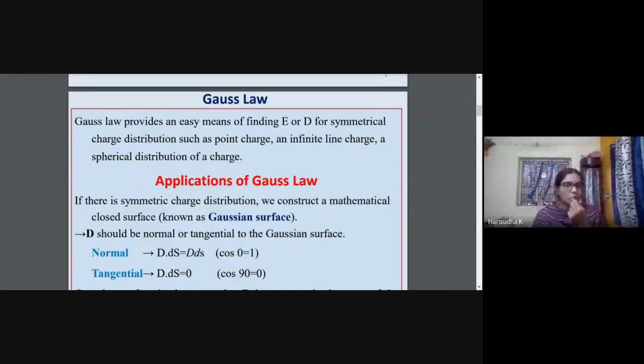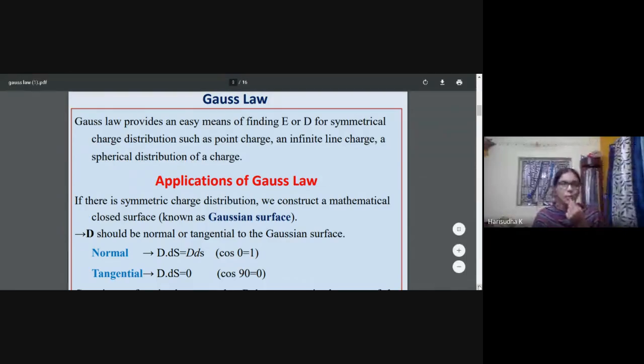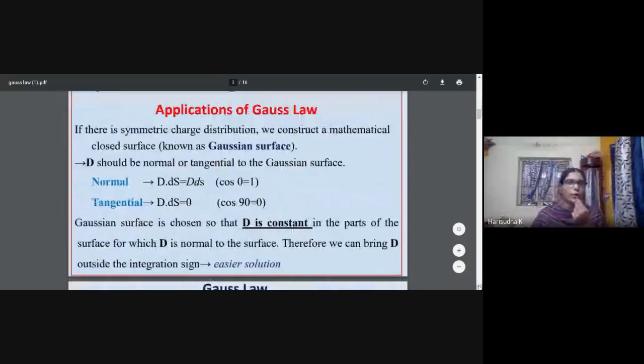If there is a symmetric charge distribution, we can construct a mathematical closed surface called the Gaussian surface. Capital D, the electric flux density, should be normal or tangential to the Gaussian surface. That is the condition to be followed.